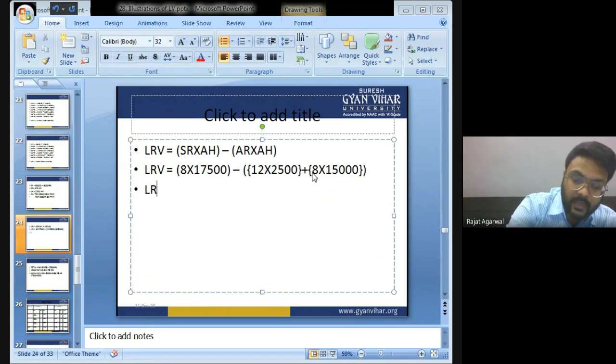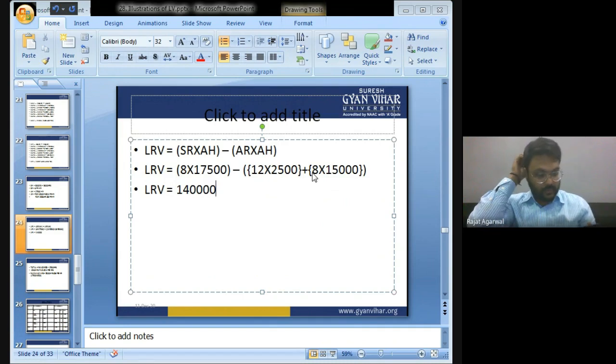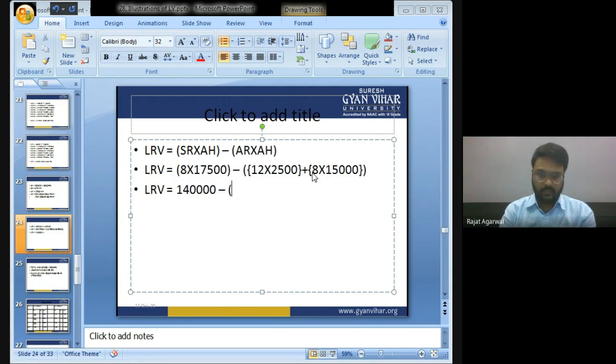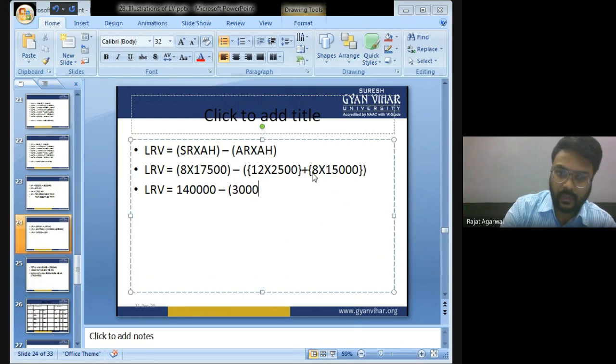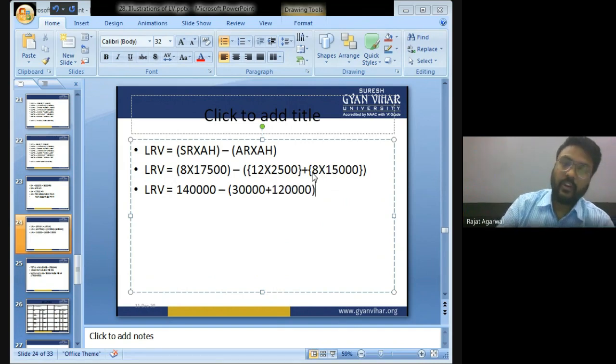So labor rate variance: 17,500 into 8 is 1,40,000, minus 2,500 into 12, which is 30,000, plus 15,000 into 8, which is 1,20,000.